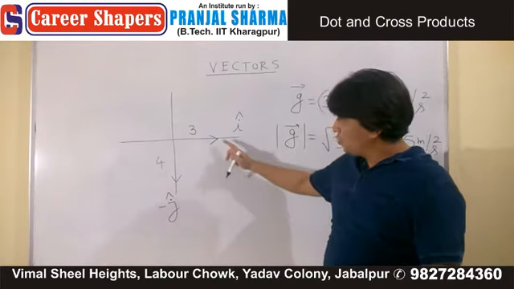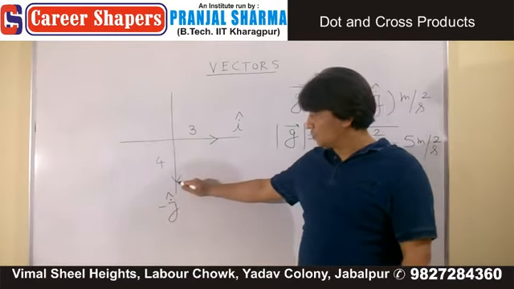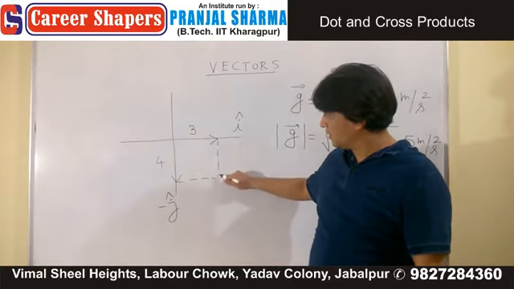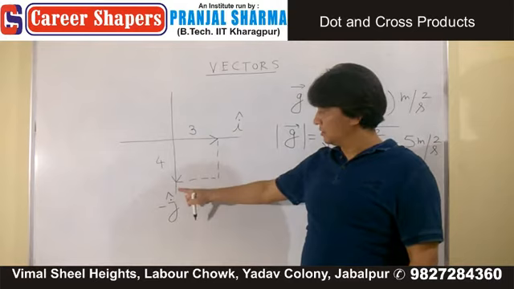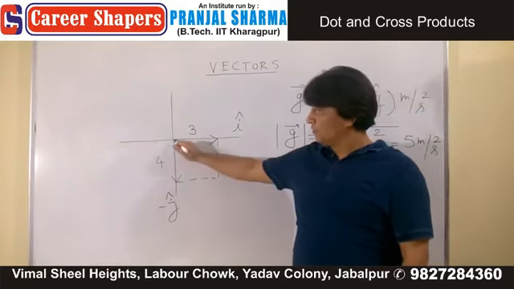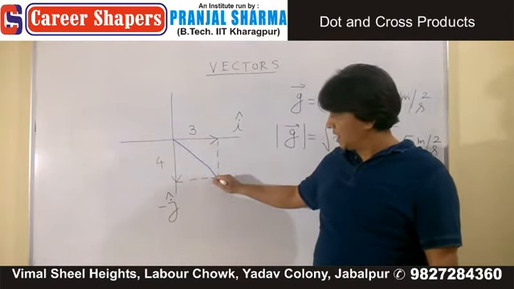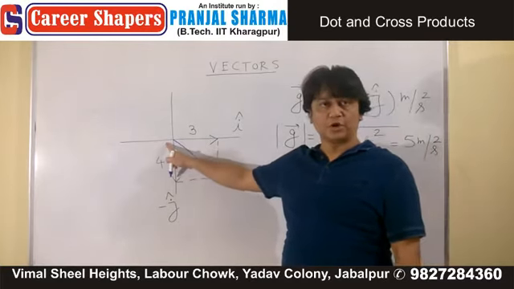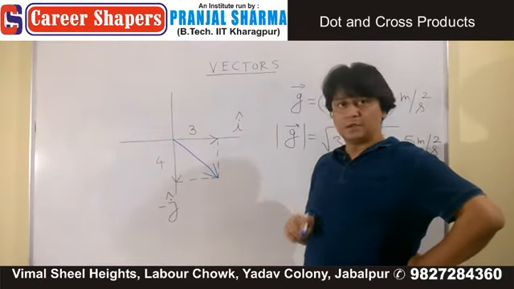Now, once you have done this, you will complete a rectangle using these two arrows. Now, once you have drawn the rectangle, from the origin, complete the diagonal and put the arrowhead.